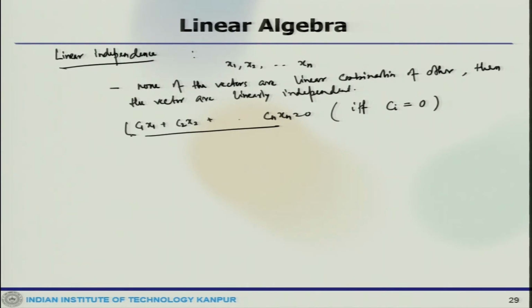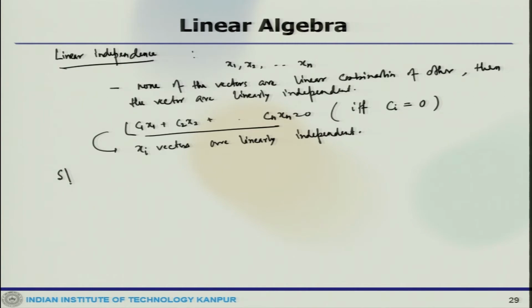Then we can say that all the xi vectors are linearly independent. So, there is no linear combination to find another in a linearly independent set of vectors.